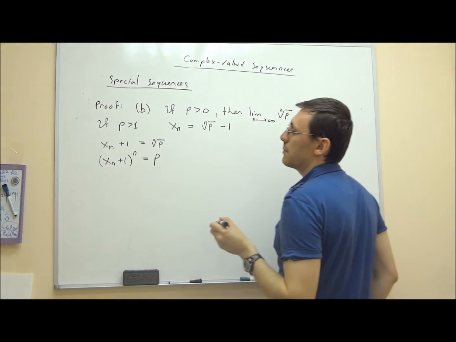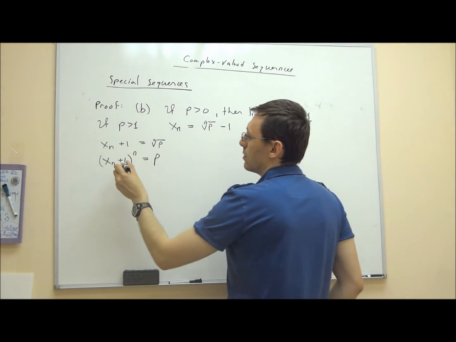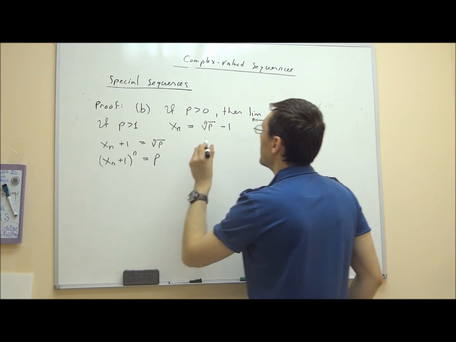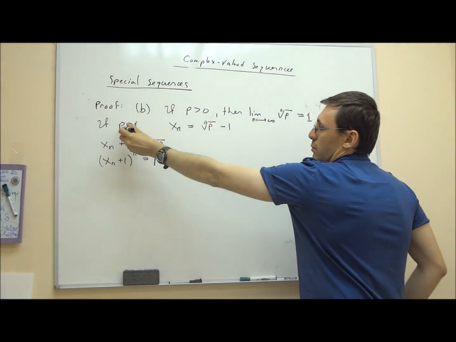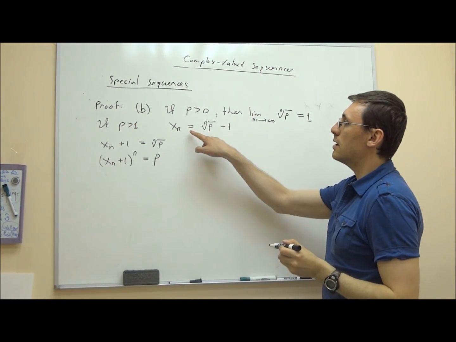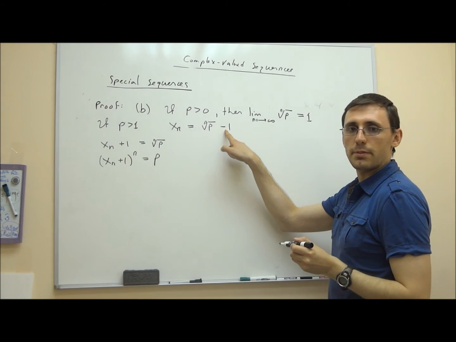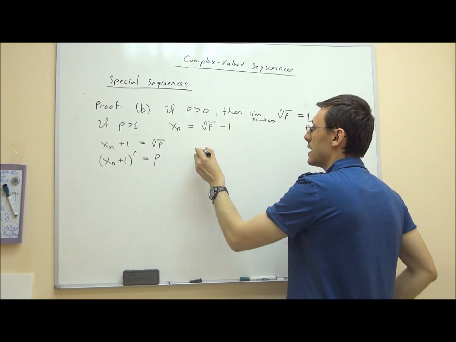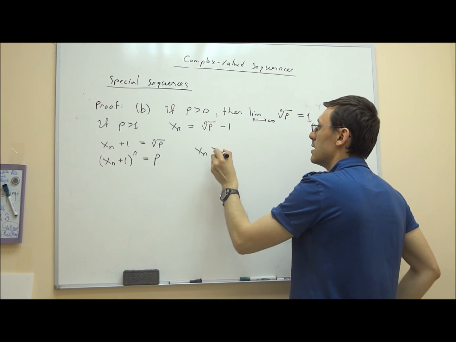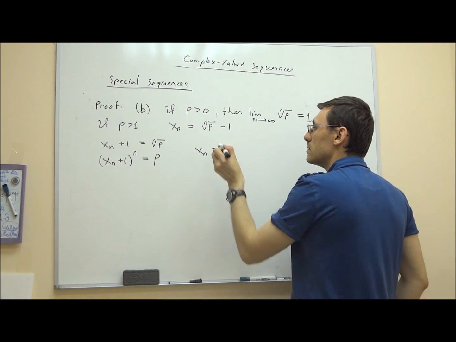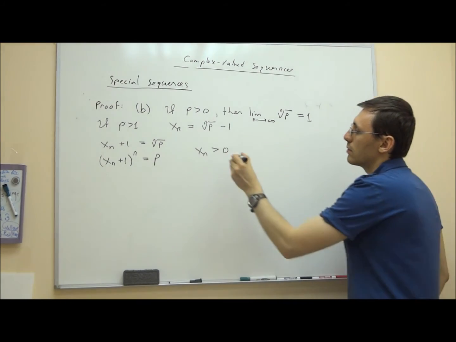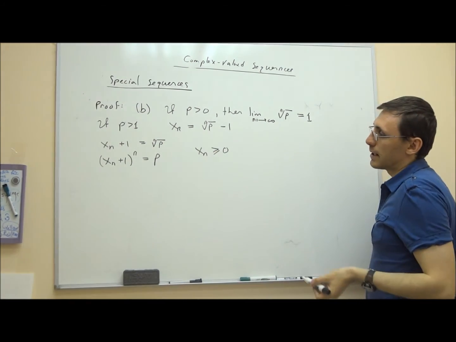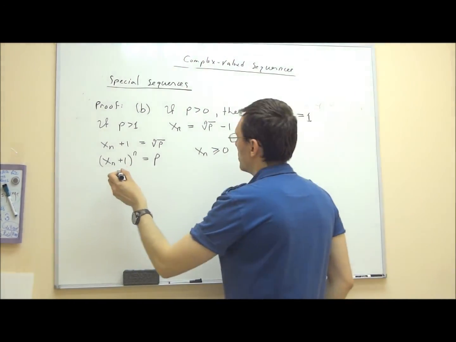Now here is where we use the binomial theorem. Notice here is why we assume p is bigger than 1. If p is bigger than 1, the nth root of p must be bigger than 1. So this is positive, so we know that xn is positive, or definitely non-negative.